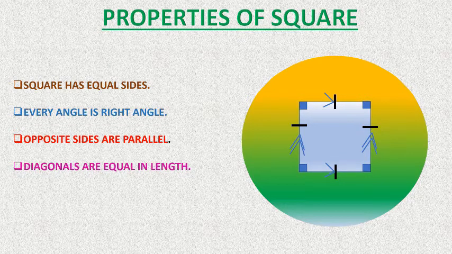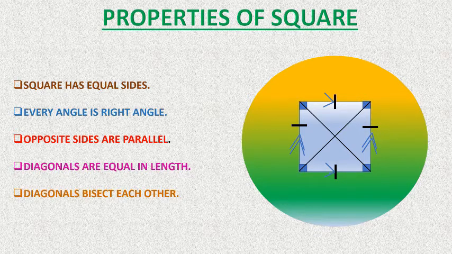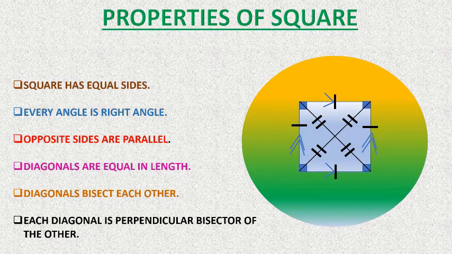And diagonals are equal in length, and diagonals bisect each other, means when they bisect each other they divide into equal lengths. Each diagonal is the perpendicular bisector of the other, means they intersect at 90 degrees. I hope you have understood.